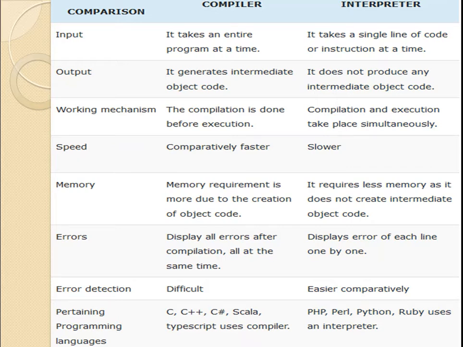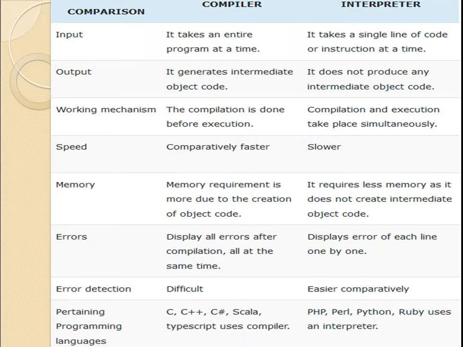So the main difference in the working is that the compiler will read the entire program in one go, whereas interpreter will read it line by line.